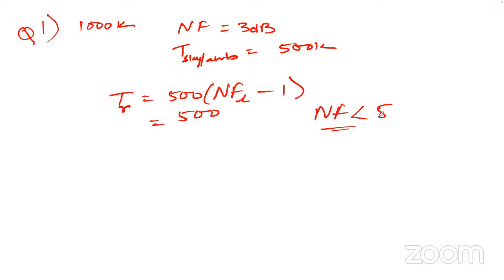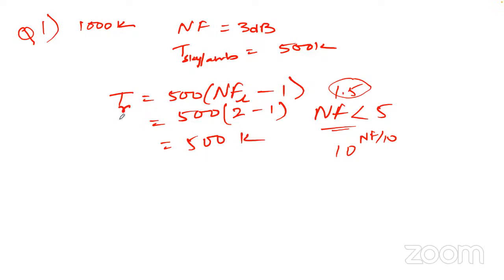Between 5 and a noise figure of around 1.5 is the range where you can directly use noise figure values, because if you do the conversion 10 to the power of NF by 10, it comes out near about the same value. This is for calculating the total noise temperature, not only the receiver temperature. So this will be 2 minus 1, which is 500 Kelvin.